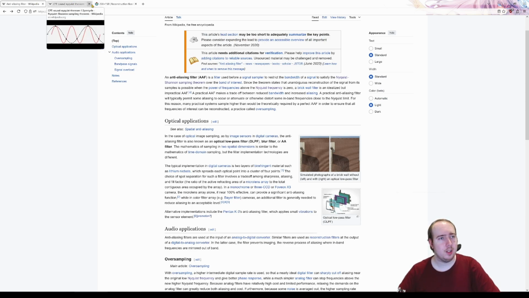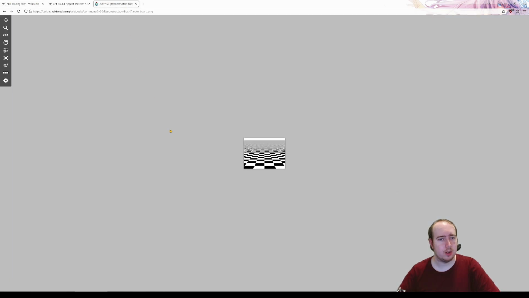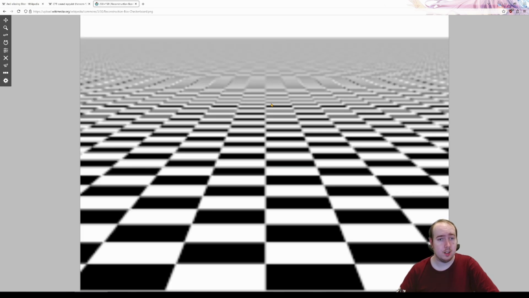So if we look at, for example, this checkerboard image, this image is from Wikipedia. This is rendered with a box filter, and we can see that we still get this wavy pattern. This is fine though, because the box filter is actually very good at the problem we actually try to solve, right?